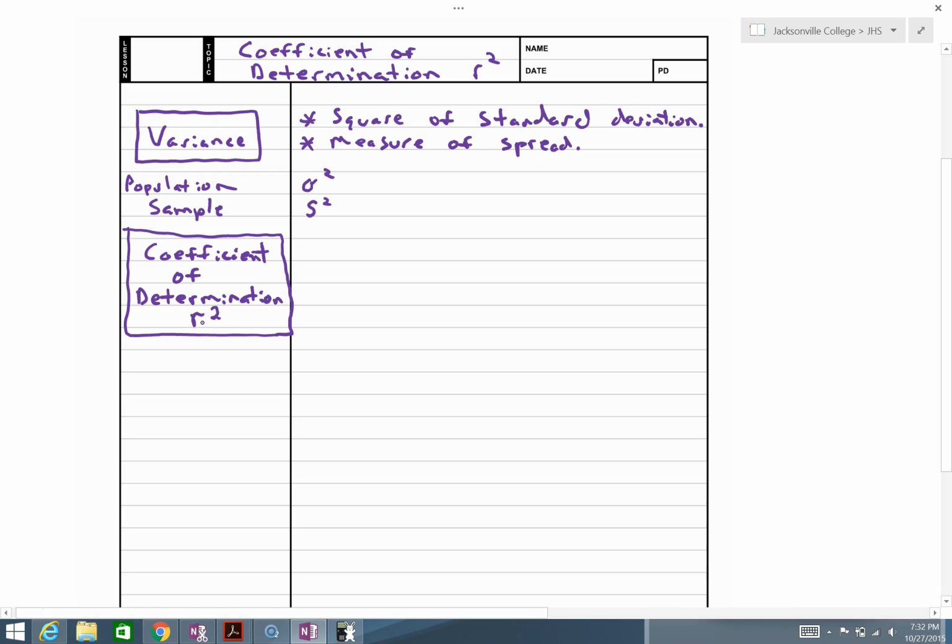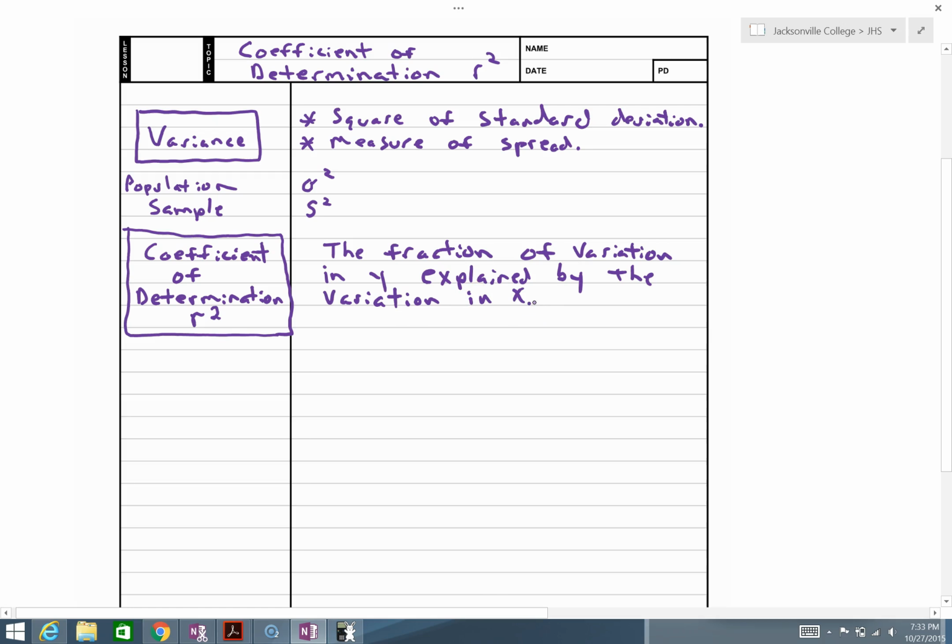Coefficient of determination is the fraction of variation, and by variation we mean change in. When you see fraction, you can think percent. The fraction of variation in y explained by the variation in x.